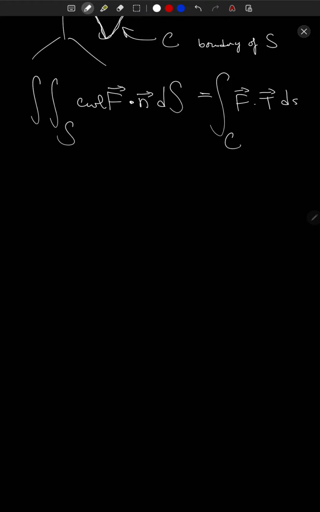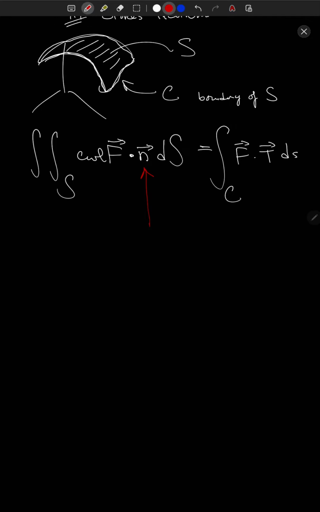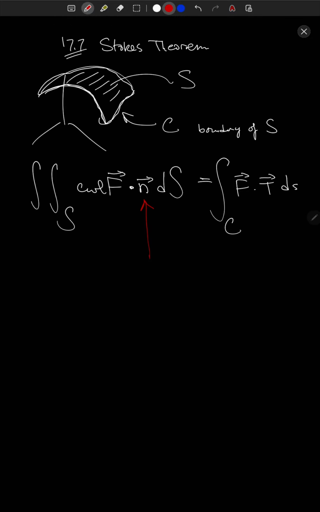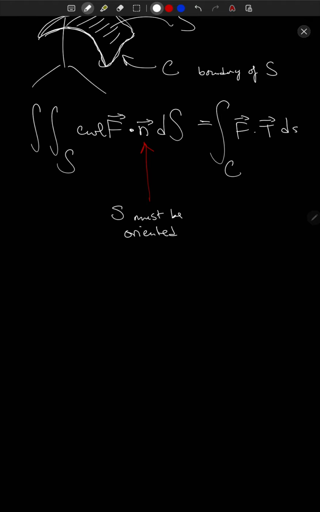There's a major issue here that we have to talk about before we can do computations, and that's that this requires S to be oriented. S must be oriented, otherwise there is no consistent normal.